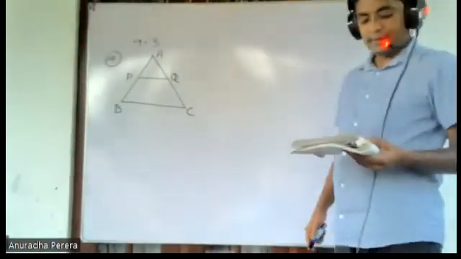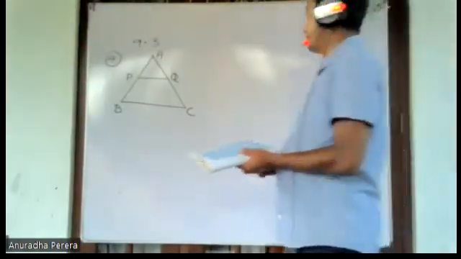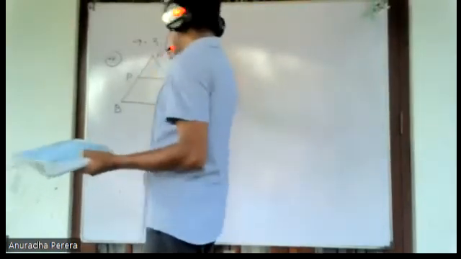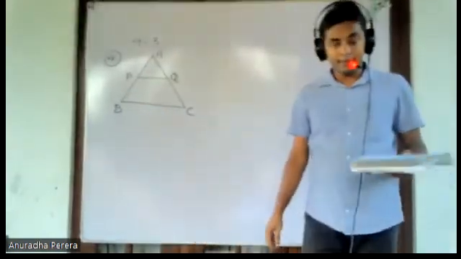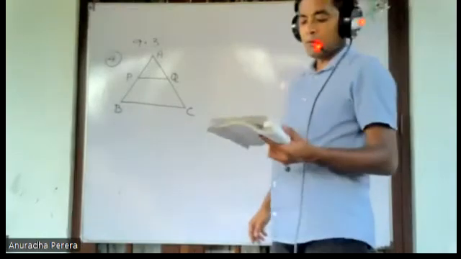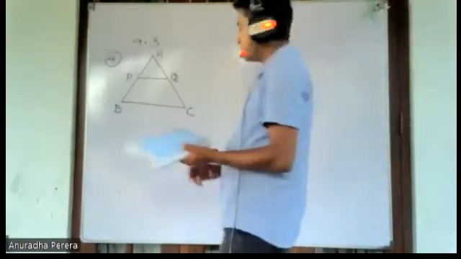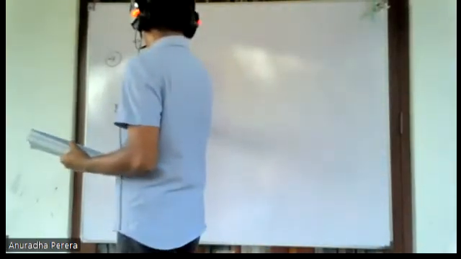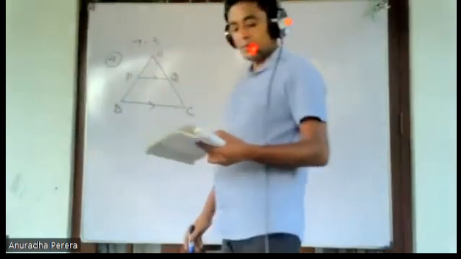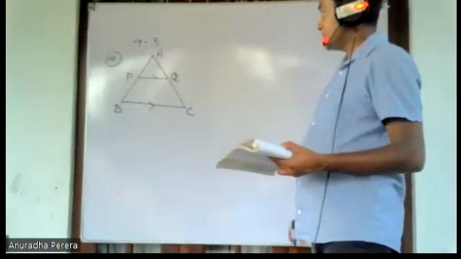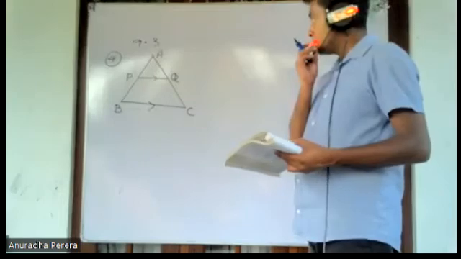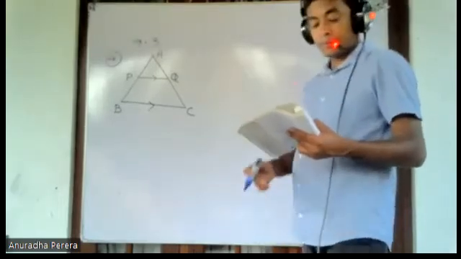In the figure, AB equals AC. AB equals AC means this is an isosceles triangle. And BC is parallel to PQ. Prove that AP equals AQ.